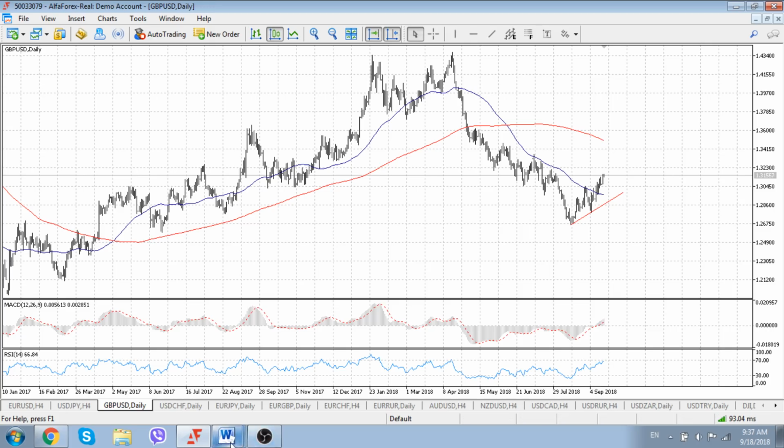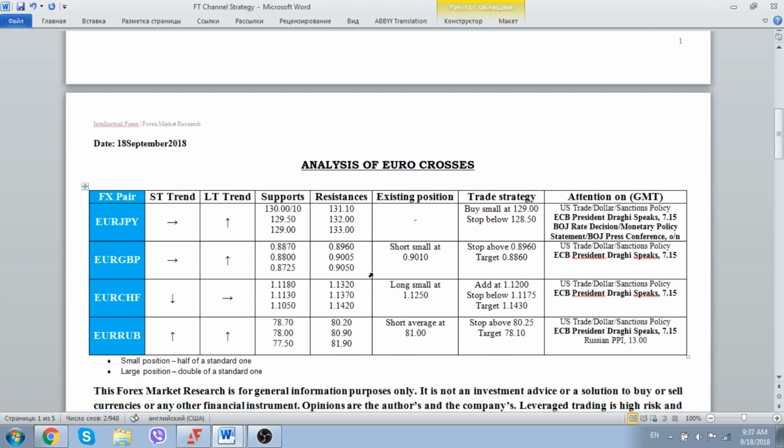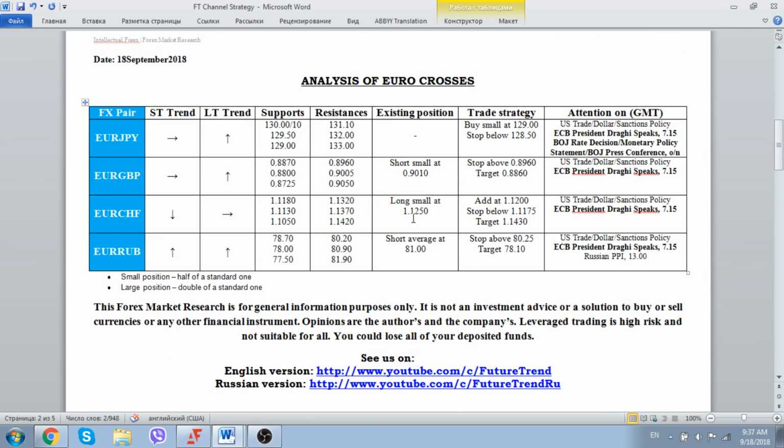As regarding some other crosses, we still keep our long trade recommendation in the Euro Swiss, another euro cross. We bought it at 112.50.